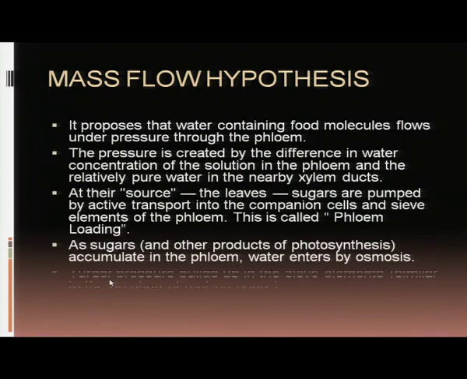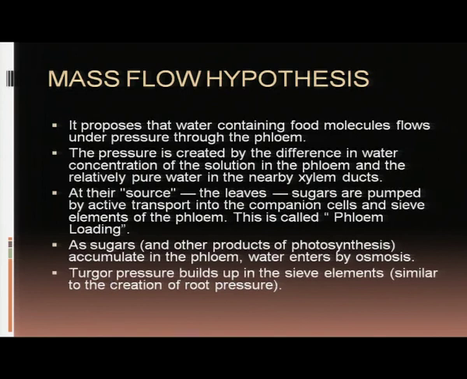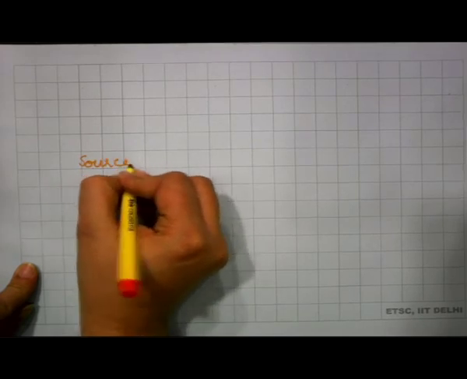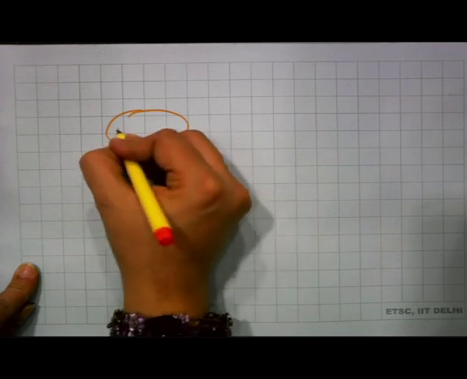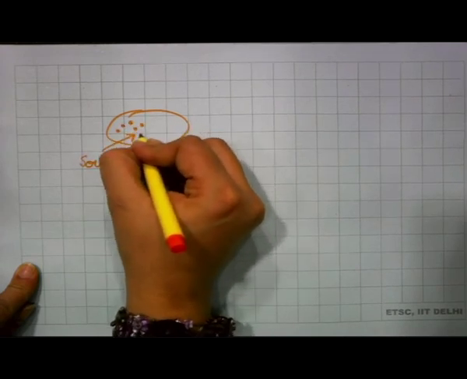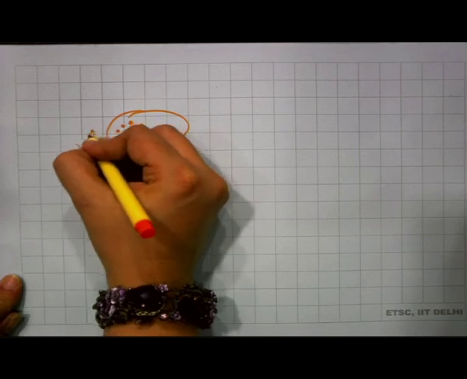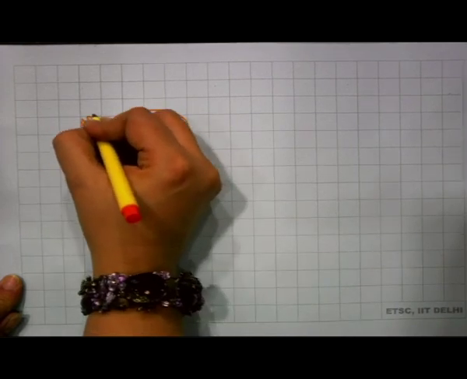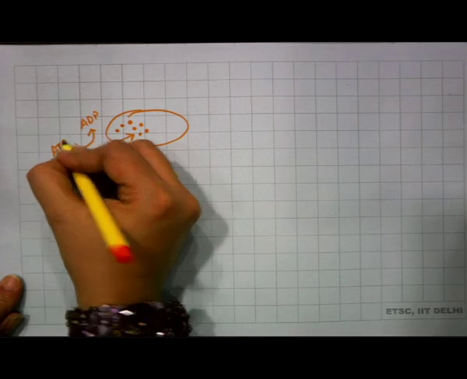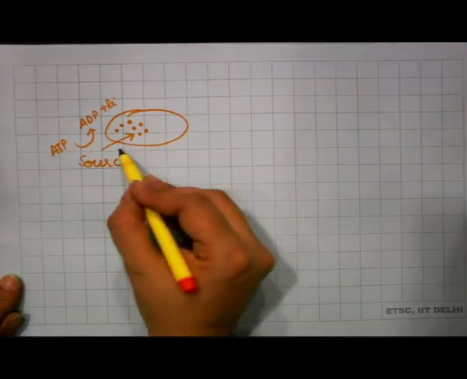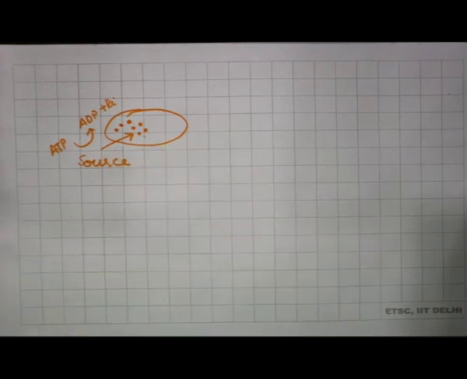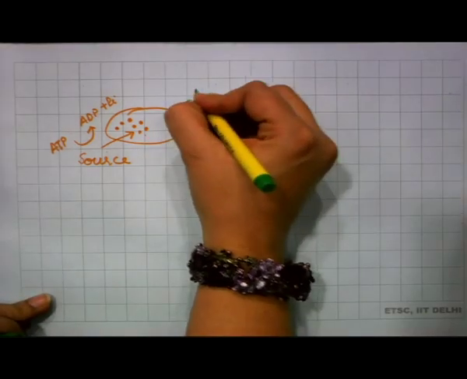So, this is what happens. Let us draw. Suppose this is the source cell. By active transport, sugars are loaded inside the phloem. ATP was used in this. So, with the help of active transport, sugar was loaded into the source cell. Now, the water will also move in.